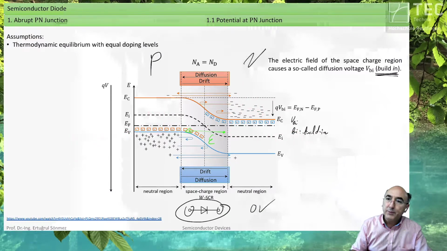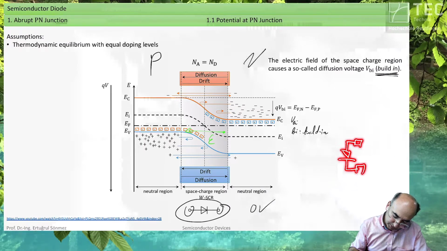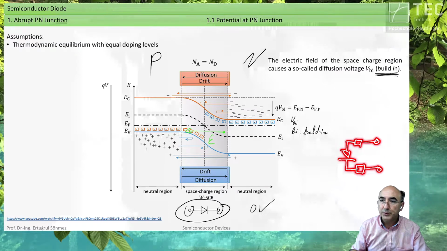So the equivalent circuit of a diode is the diode itself and its parasitic resistances, and then you have the external node.